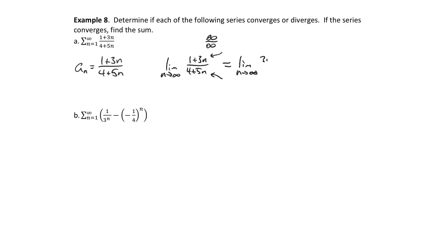So we'll have 3n, and we'll keep the 5n in the denominator. Now, if we simplify, this just becomes 3/5, and so my answer is 3/5. And now I've forgotten why I was doing this. I wanted to see if the terms go to 0. If they don't go to 0, it cannot converge. And so this is not equal to 0, so the series diverges by what we call the divergence test.